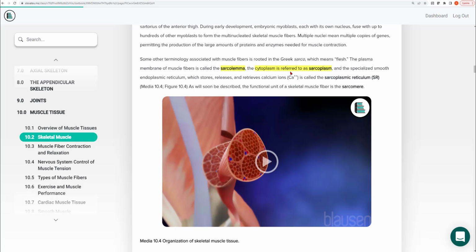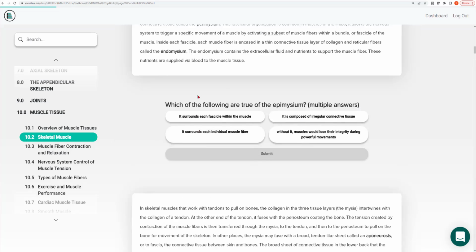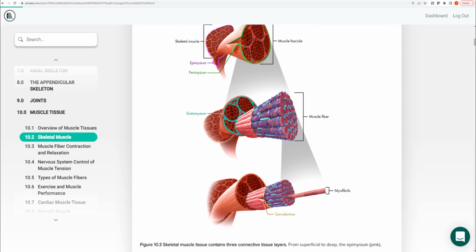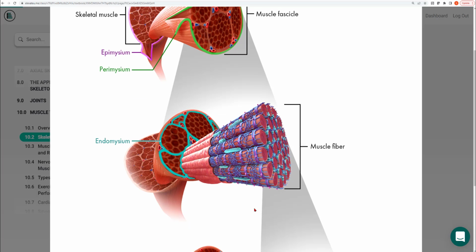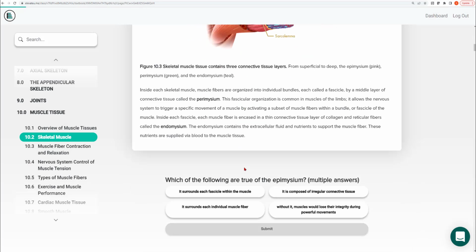And inside, there is a smooth endoplasmic reticulum. But this smooth endoplasmic reticulum is specialized. And let me go up and show this to you. I showed it to you briefly, but in this picture, all this purple webbing that we see around the myofibrils, that is the smooth endoplasmic reticulum of a muscle cell. So that's a very different looking organelle.